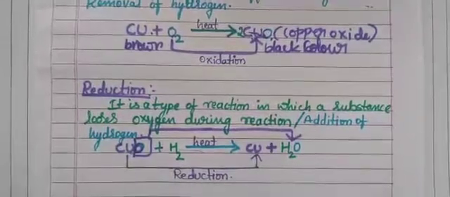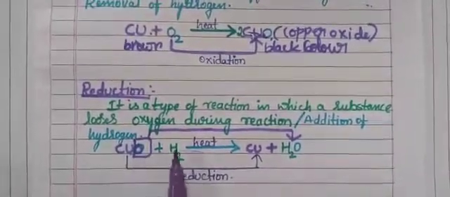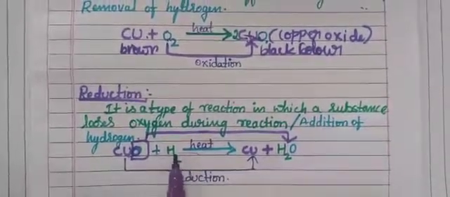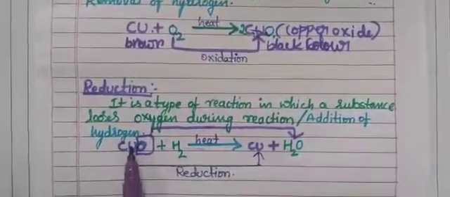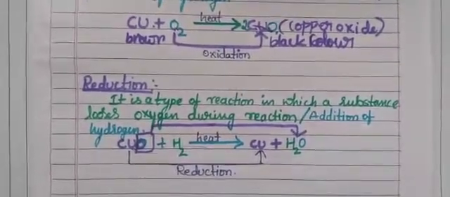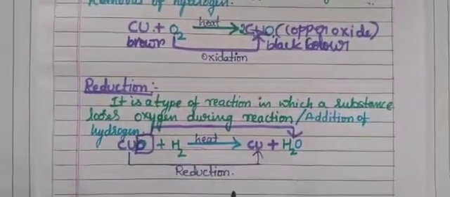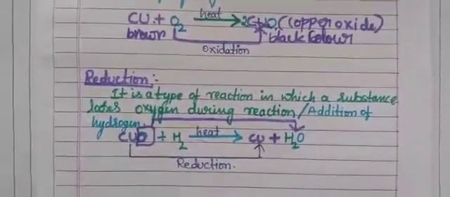In other words, one reactant gets oxidized. Look, hydrogen is getting oxidized and copper oxide is getting reduced. So in a single reaction we can see both oxidation and reduction. That's why we call it a redox reaction.